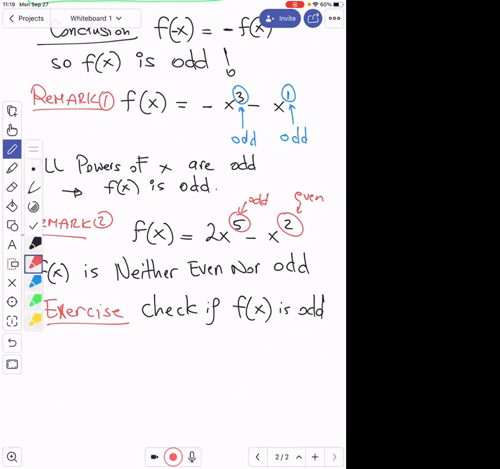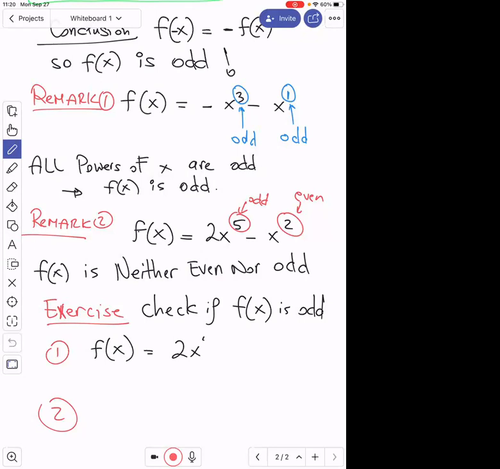For number 1 and number 2, let's have two different functions. Number 1, let's have just 2x to the power 5 minus 2x squared.